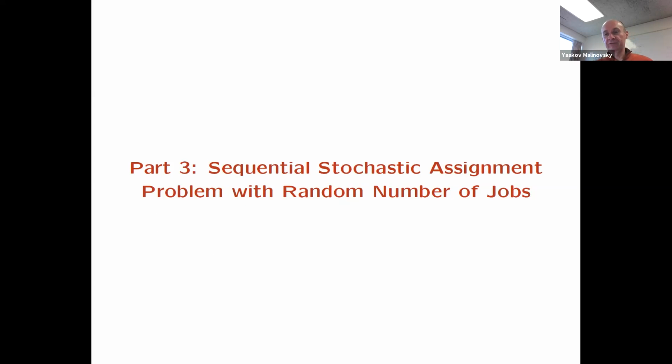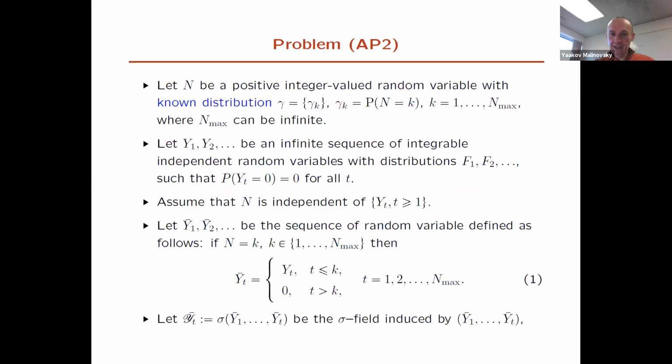Now, we needed to extend the sequential stochastic assignment problem to a random number of jobs. In general, the notation is going to be very, very similar to the previous case.